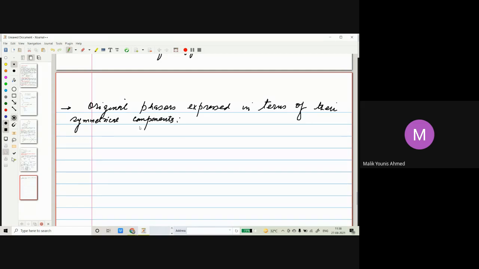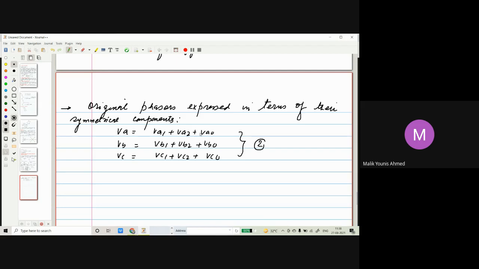We know that VA will be expressed as VA1 plus VA2 plus VA naught, positive, negative, and zero. Similarly, VB1 plus VB2 plus VB naught, and similarly VC1 plus VC2 plus VC naught. Let's call this set equation set 2.